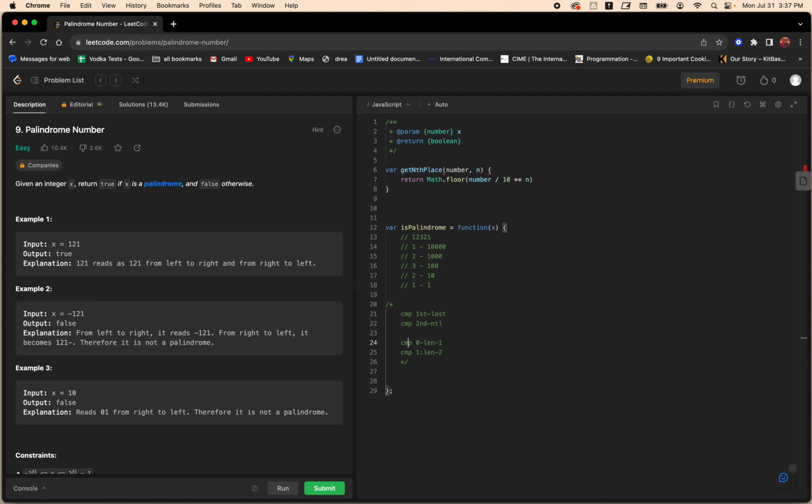So I just need to have some equivalent of this in the realm of the number here. Strings, of course, have a length, but numbers don't.